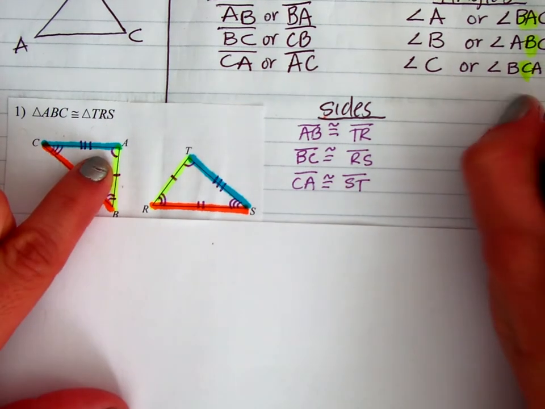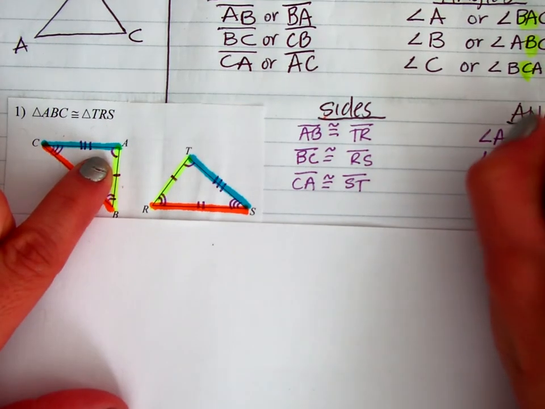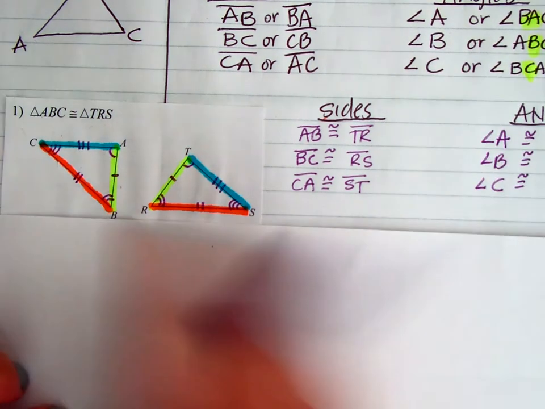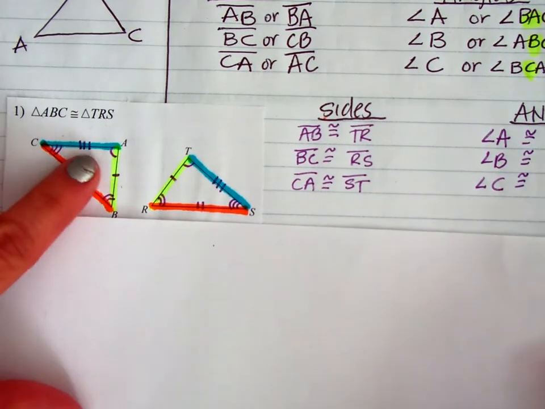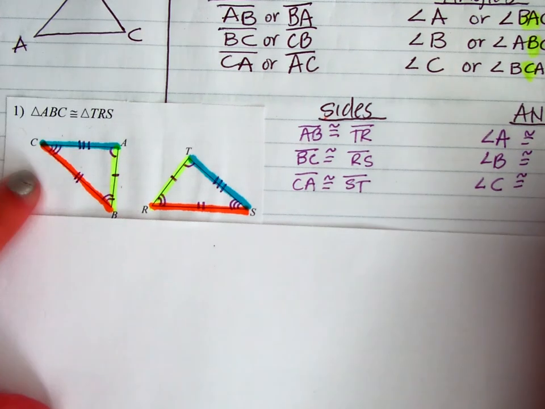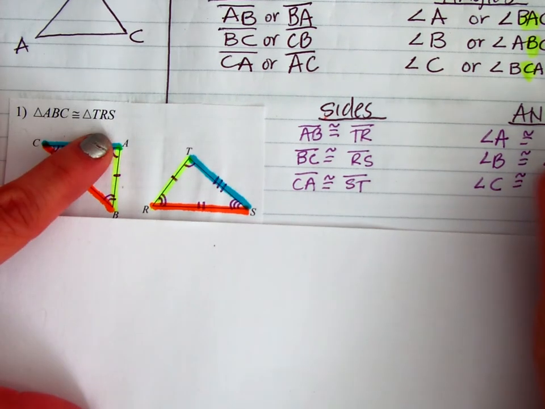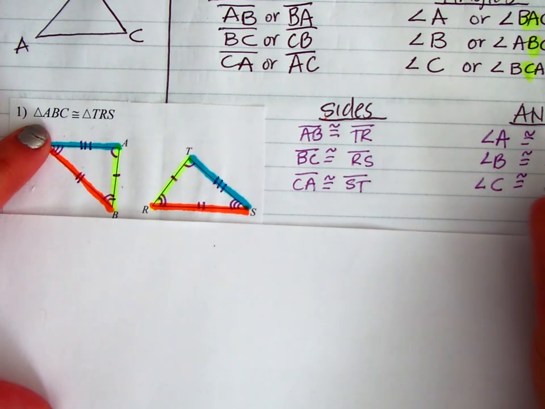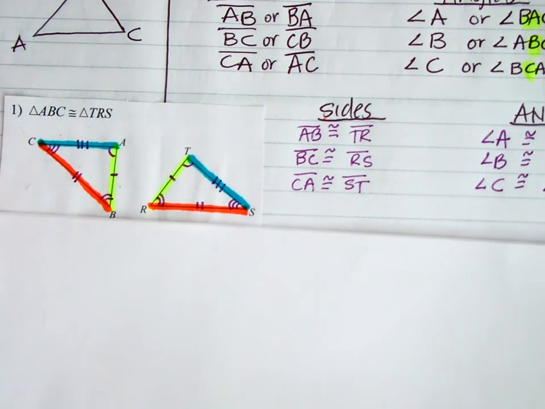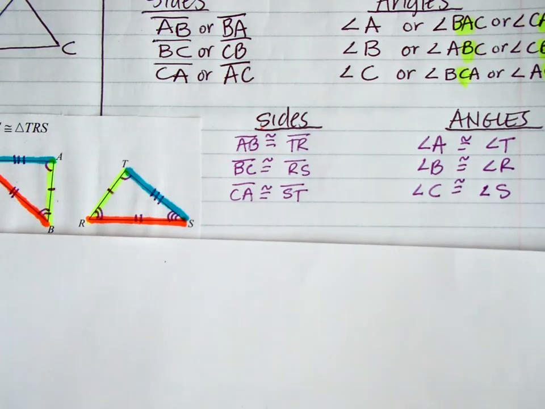I'm going to go to the original: angle A, angle B, and angle C. We're going to see which angles correspond with those particular angles. Angle A corresponds with angle T. Angle B corresponds with angle R. Angle C corresponds with angle S. All we're doing right now is getting what corresponds with what.